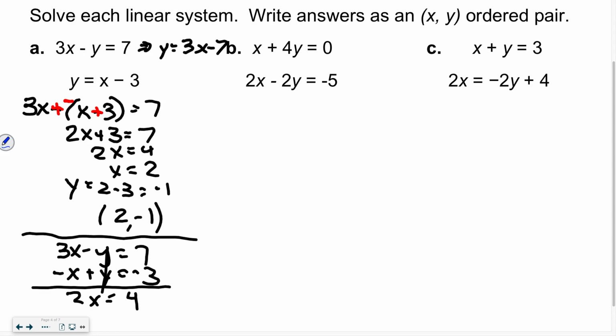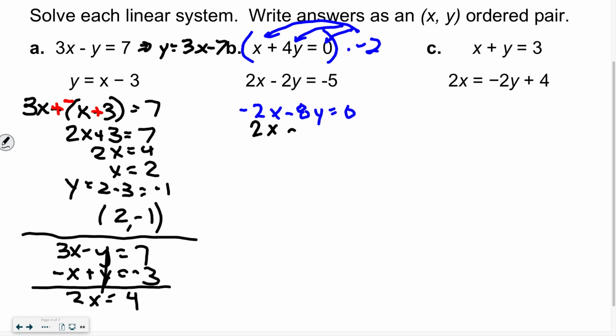So if you want to eliminate x's, you could just multiply this first equation by a negative 2. So that you get negative 2x minus 8y equals 0, because I'm distributing it to all three terms right there. Stack it underneath with the 2x minus 2y equals negative 5.